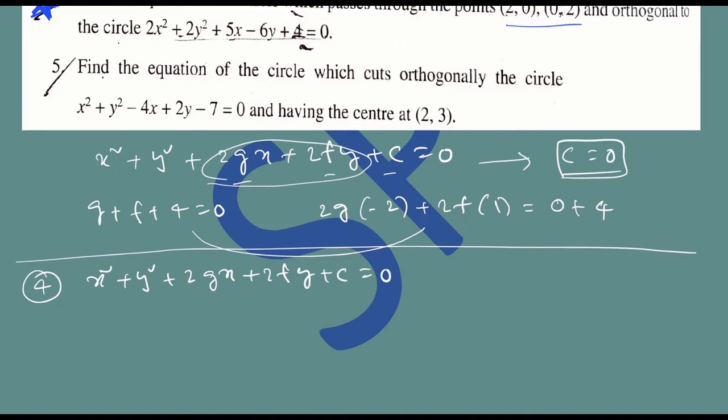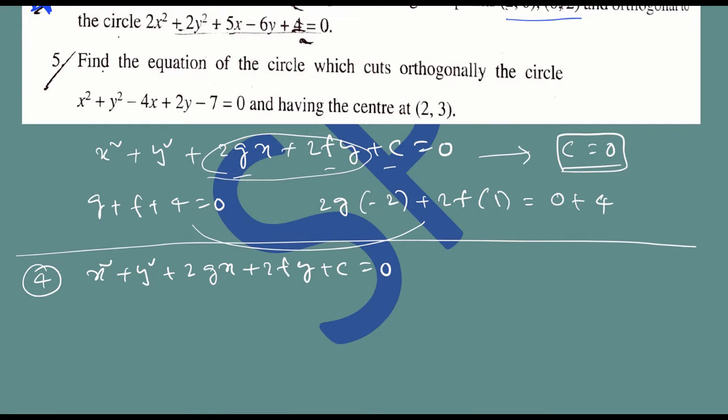Now it is passing through 2, 0. So substituting 2, 0 in it, I'll get 4 plus 4g plus c is equal to 0. And substituting 0, 2, I'll have 0 plus 4 plus 0 plus 4f plus c is equal to 0.